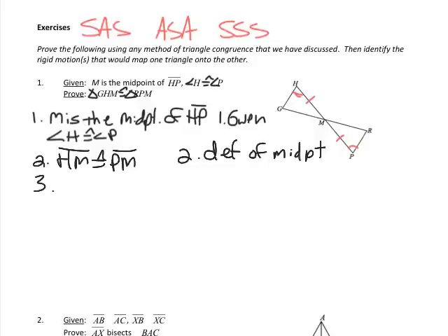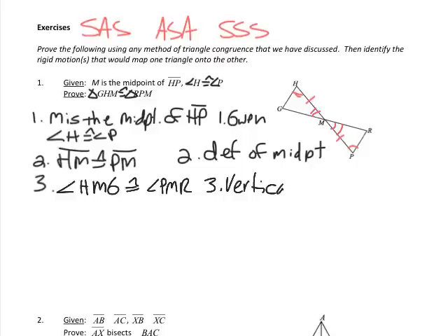All right, so I have an angle and a side, and now if you look, I have the bow tie looking thing, so I've got vertical angles, and we know that vertical angles are congruent. So I'm going to write my next congruence statement. Angle HMG is congruent to angle PMR, and that's because vertical angles are congruent.